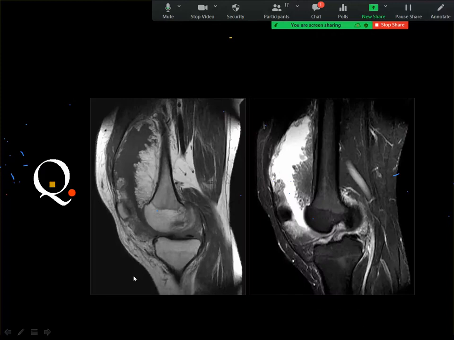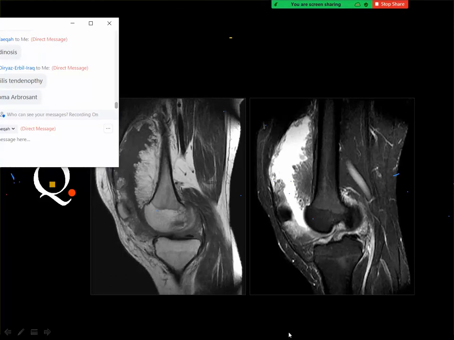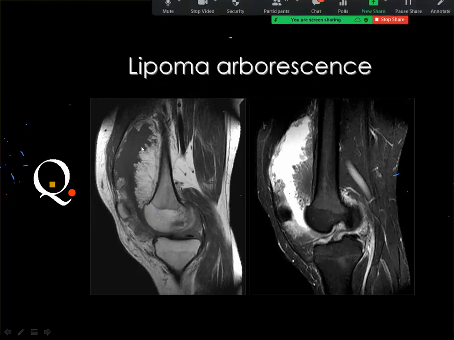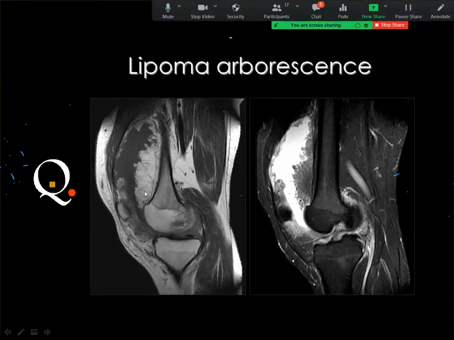The next case is MRI of the knee, sagittal T1 and the sagittal STIR. Lipoma arborescens, yes, this is right, lipoma arborescens, and you got inside the knee joint a big mass formed of fat signal, bright in the T1 and dark in the STIR images, embedded within a big amount of joint fluid.